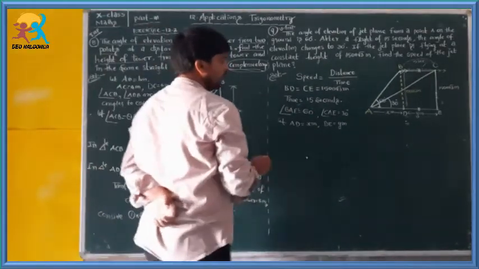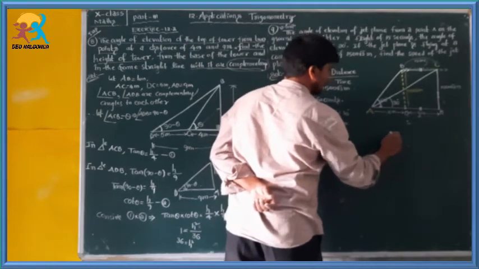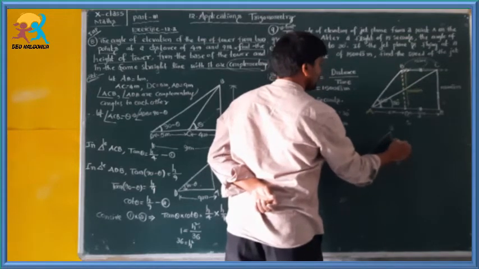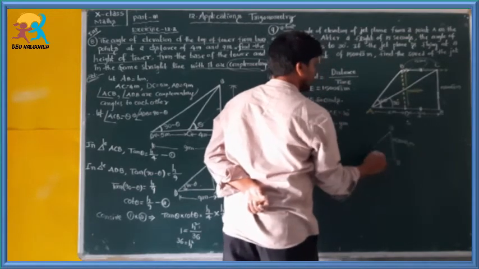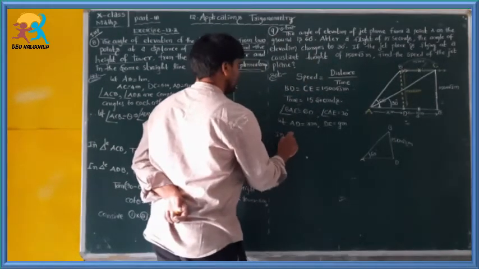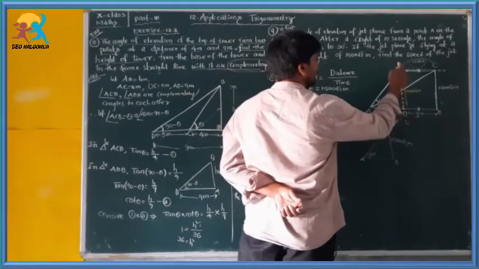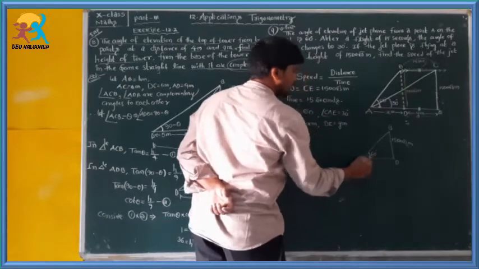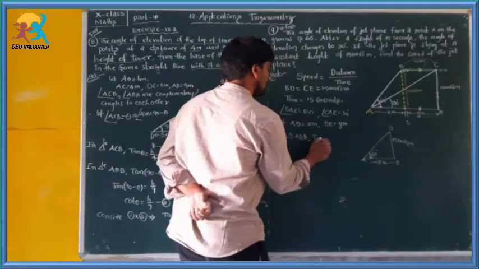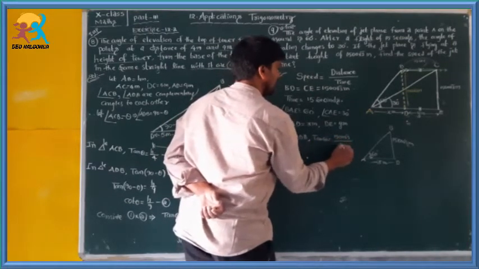Right. I am considering a triangle: this is point D, B, this is BD, 1500 root 3 meters, 60 degrees, this is A. In triangle ADB, what is the angle of elevation here? 60 degrees, and AD equal to what? x meters. Tan 60 equal to 1500 root 3 meters by x.